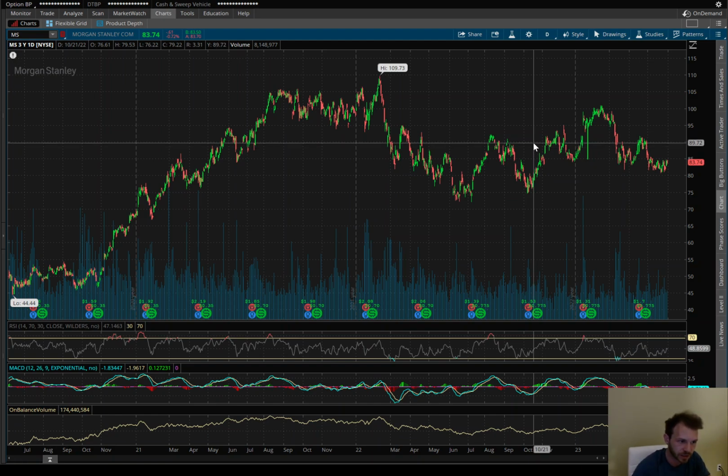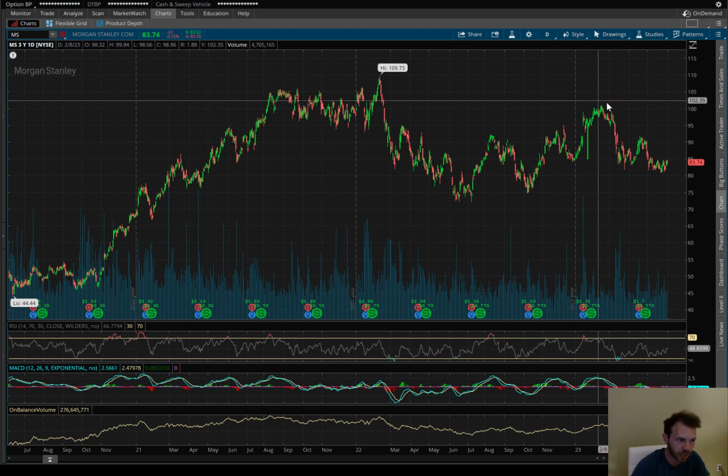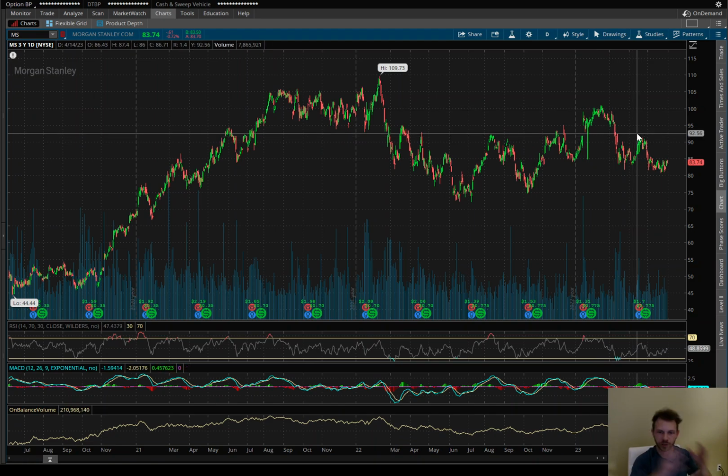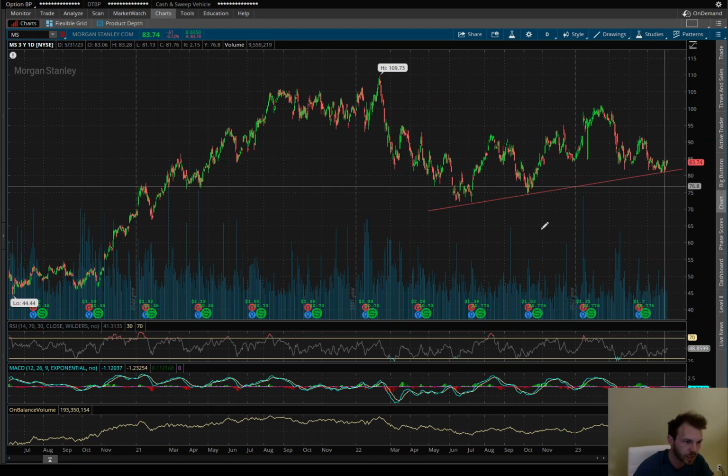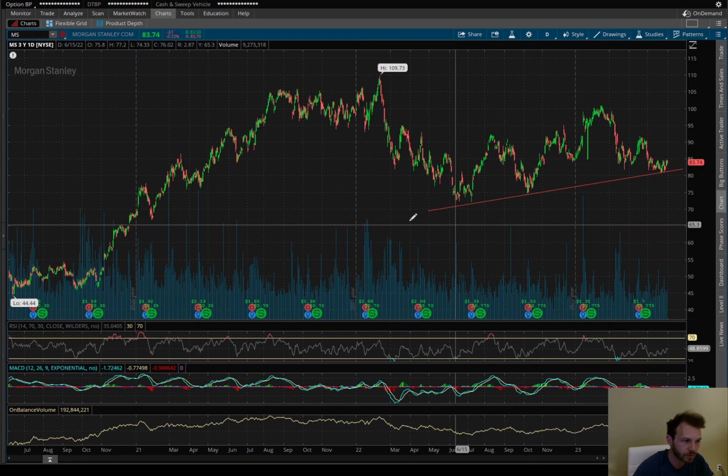This chart here kind of looks like an actual head and shoulders. So we have one shoulder here, we have the top of the head here, and we have another shoulder here. So this is a bullish to bearish reversal. So the technicals don't really line up here for this trade, but if we do draw a little bit of a line here, it looks like we do kind of have a little bit of an uptrend forming here.